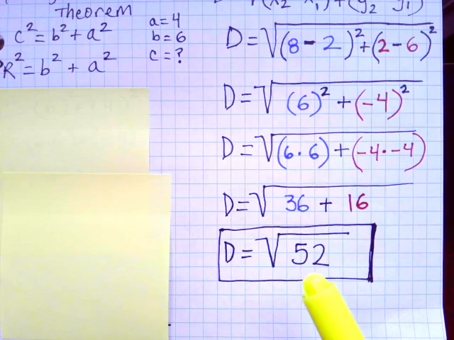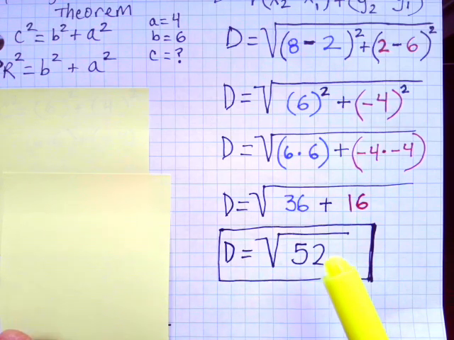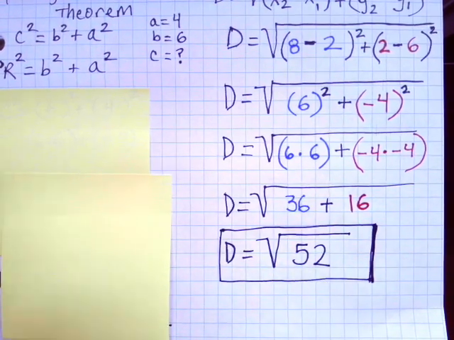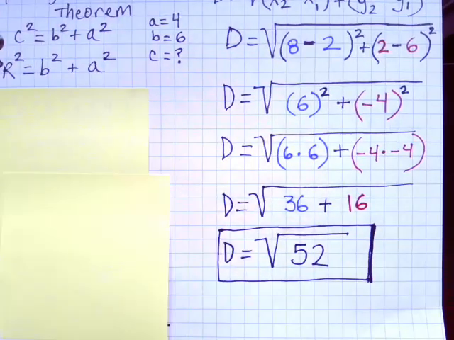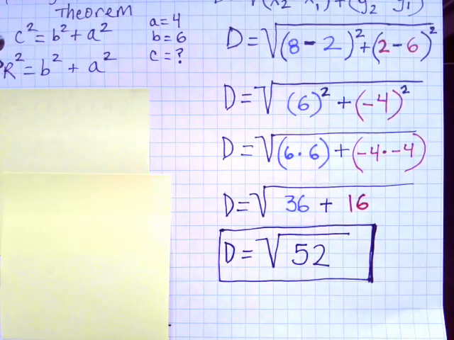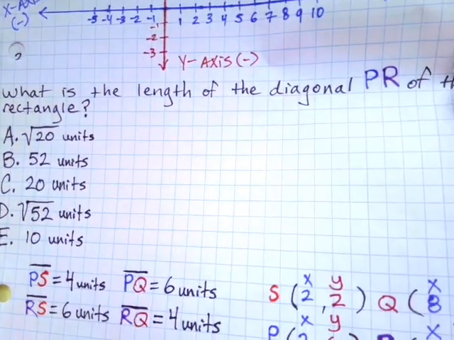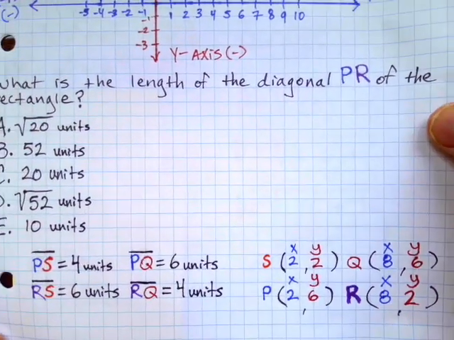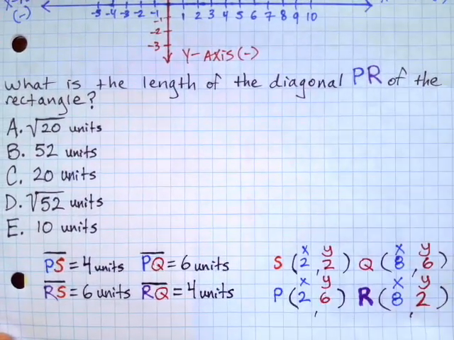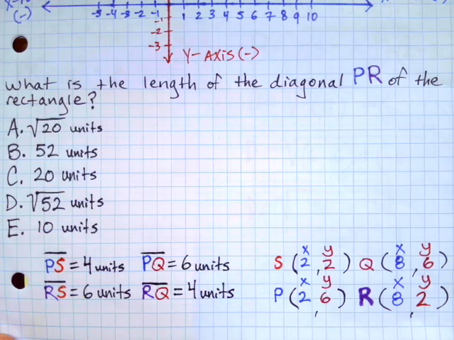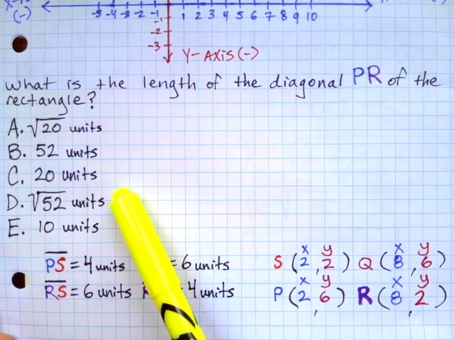You could possibly simplify this, yes, you could, I believe. You have multiple twos that you could pull out. But I don't want to confuse you by doing that, because the answer is left as the square root of 52. So the distance formula gets you the same exact answer that we got with Pythagorean theorem. The answer is D, square root of 52.